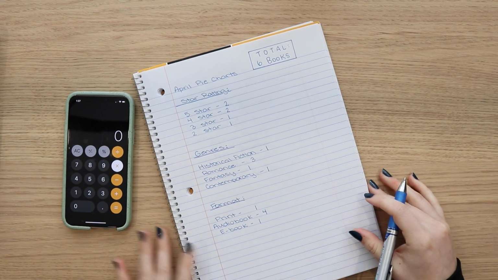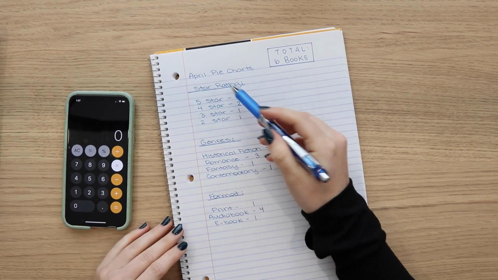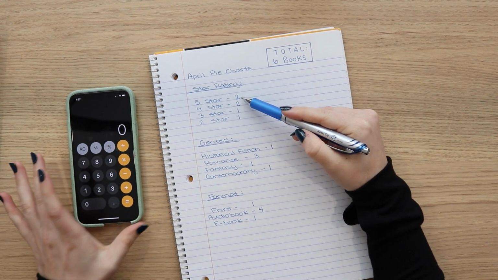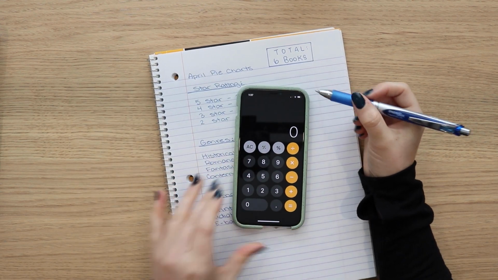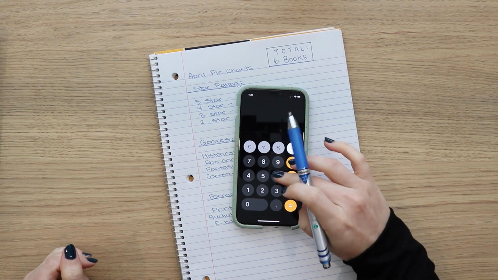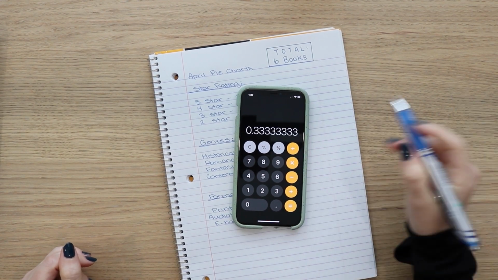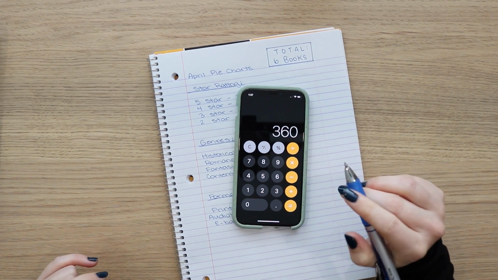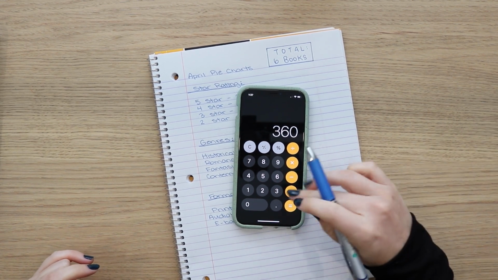It's really, really easy. Basically, we'll start with the star rating. So I read 2 5-star books. So on my calculator, I'm going to do 2 divided by the total number of books, which was 6. And then I'm going to times that by 360 because 360 degrees is a complete circle.